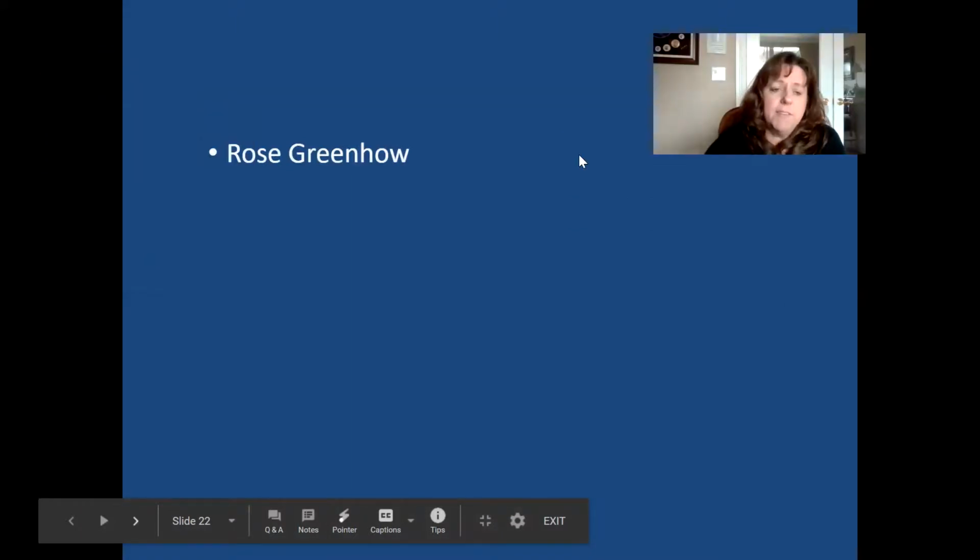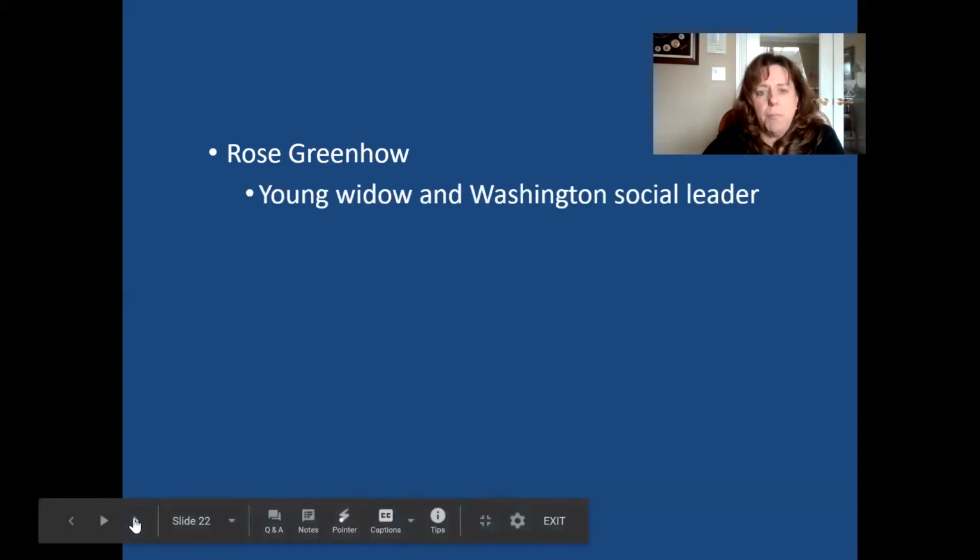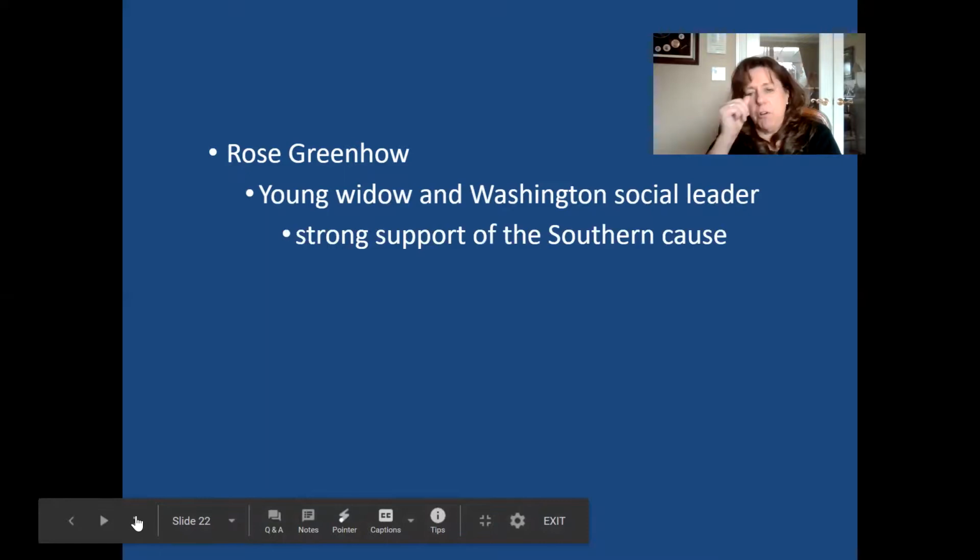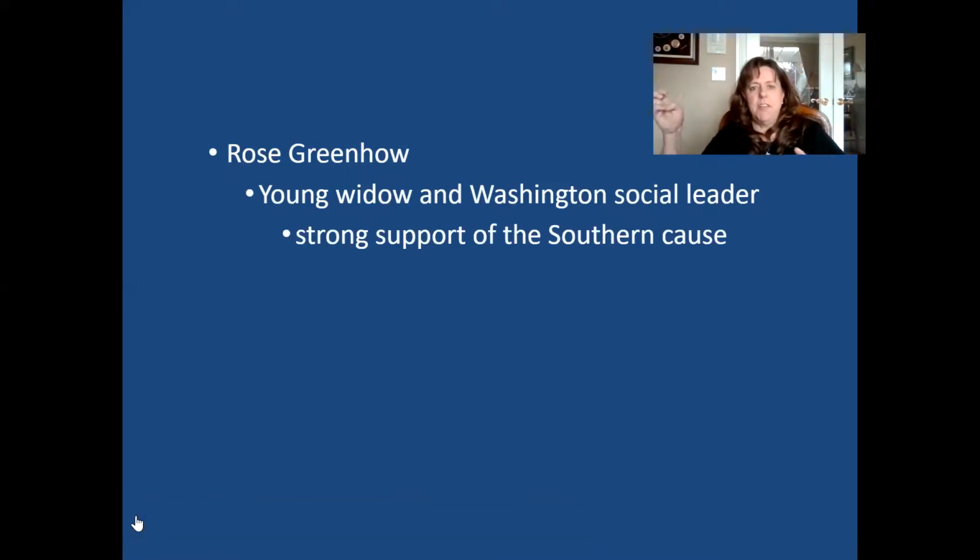And one of the reasons that it did not go as planned is this gal, Rose Greenhow. She was a widow, and she was what's called a socialite, a kind of social leader in Washington, D.C. She supported the South, but she was going to parties and interacting with a lot of the Union leadership in Washington, D.C. And so she knew about this plan to march down to Richmond.